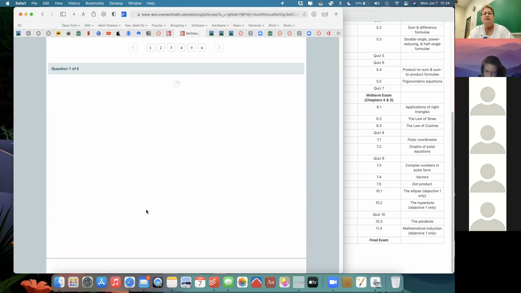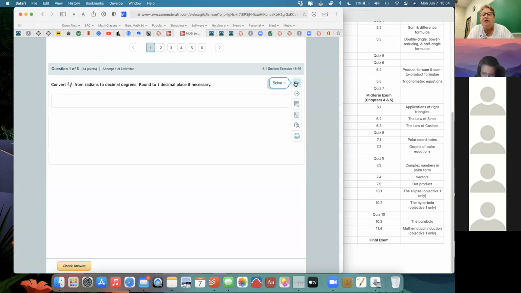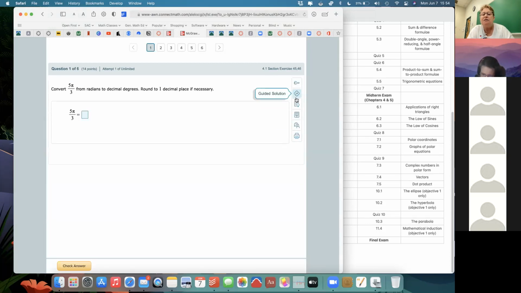Usually there are these buttons along the right-hand side: solve it, guided solution, show example, link to textbook, ask my instructor, and print.